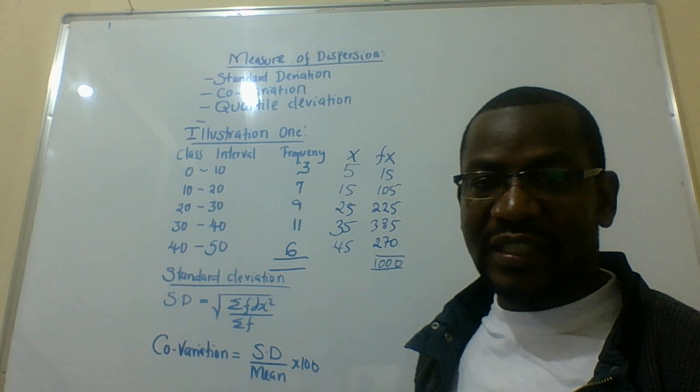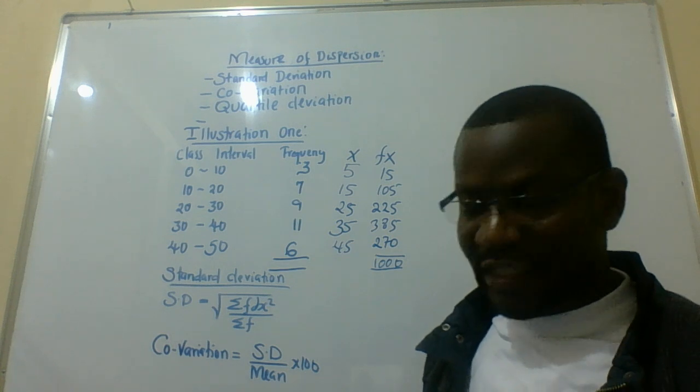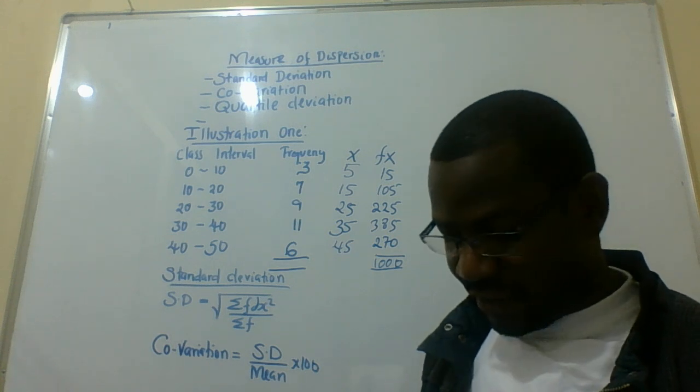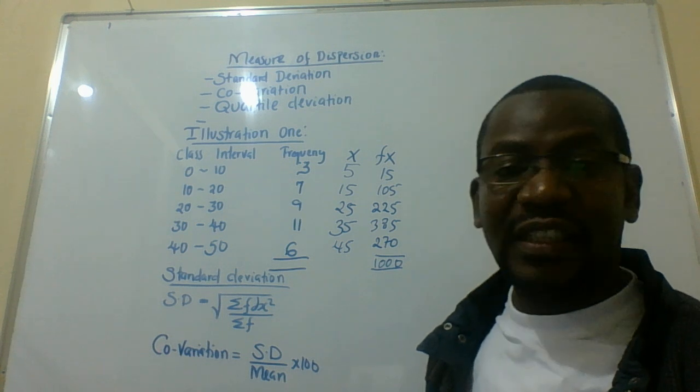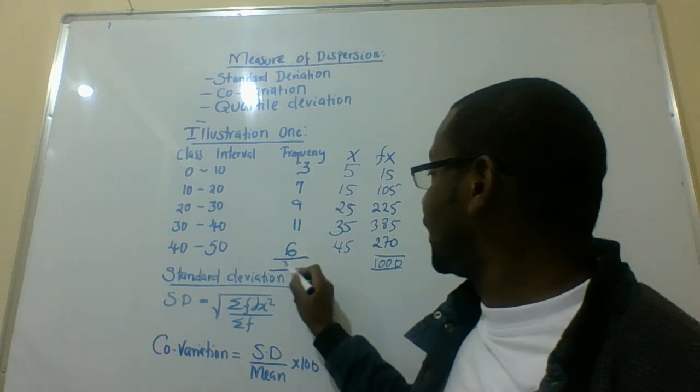Add the frequencies: 3 plus 7, 10, 10 plus 9, 19, 19 plus 11, 30, 30 plus 6, 36.